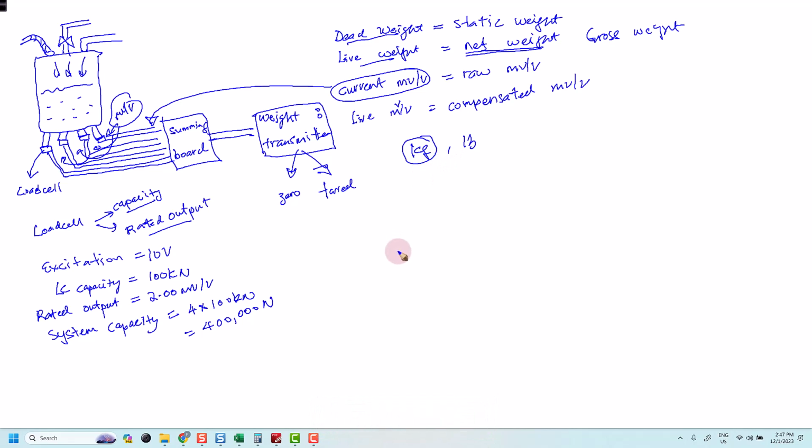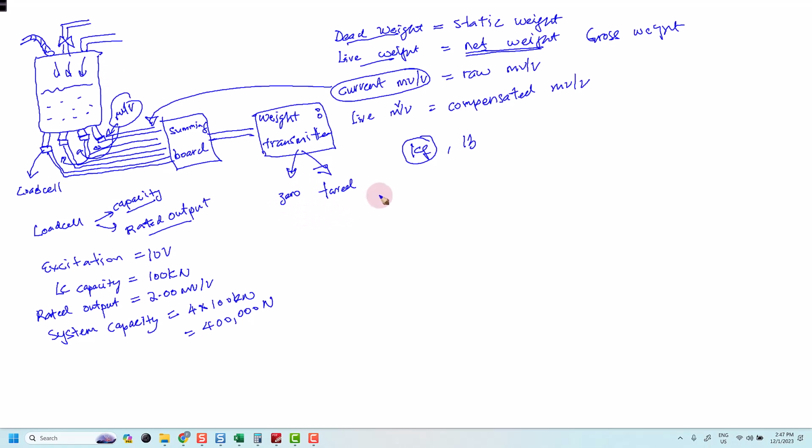Let's say this tank is empty. So the weight measured by the weight transmitter is a dead weight because the tank is empty. That means it's the static weight of the piping, the empty tank, the valve, hose, agitator, etc., without the product. So this is the dead weight.